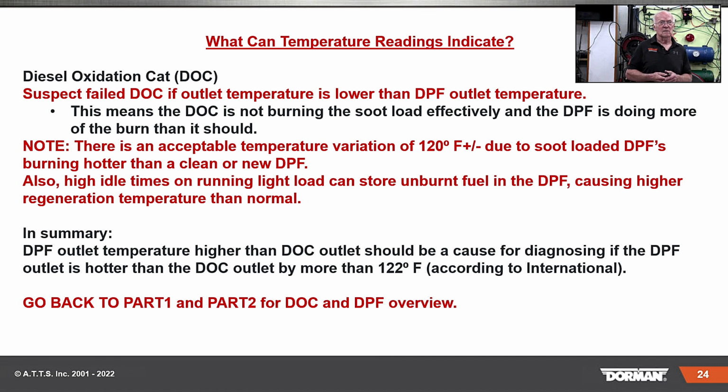Also, high idle times or running light load can store unburned fuel. Think about vocations like buses and garbage trucks, causing higher regeneration temps than normal. In summary, a DPF outlet temperature higher than the DOC should be a cause for diagnosing.